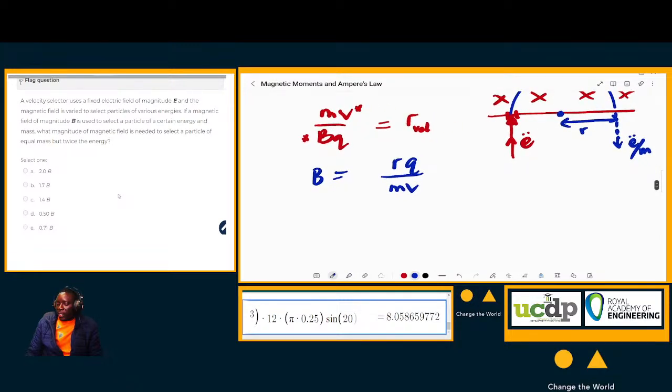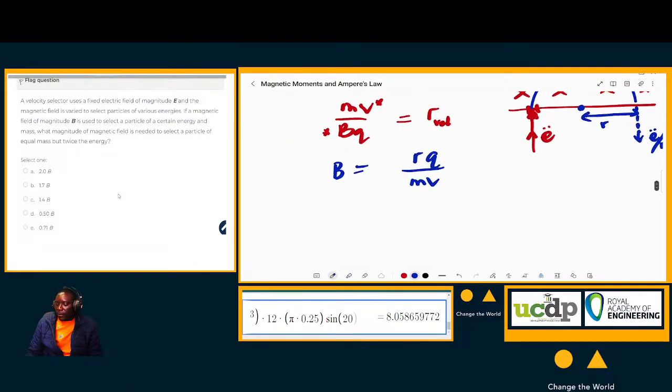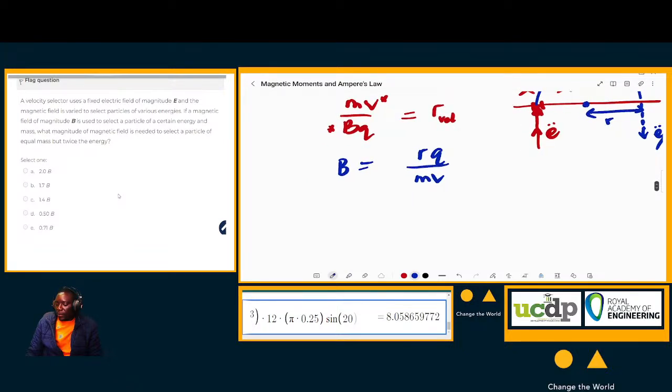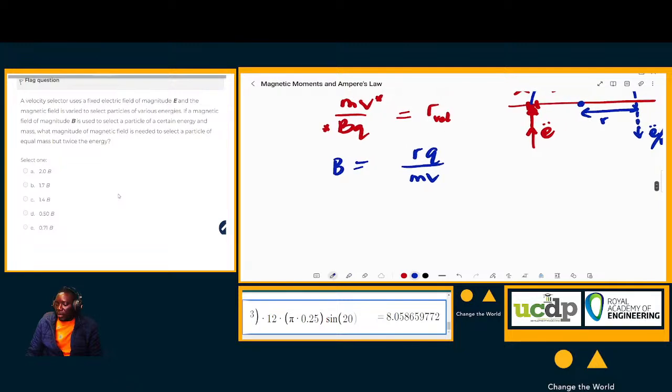So if the mass is to be the same but the energy is to be twice, what would that mean? Same mass, twice the energy.